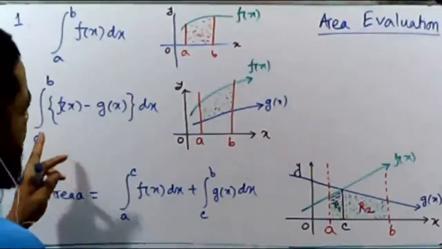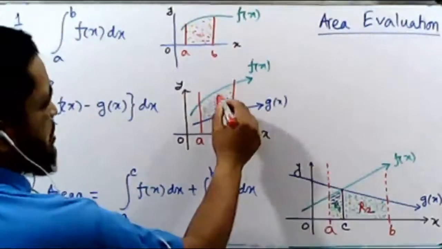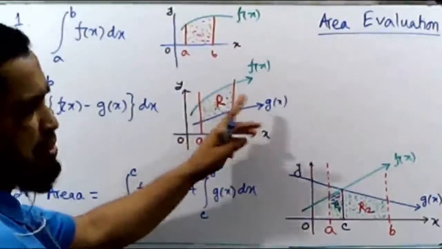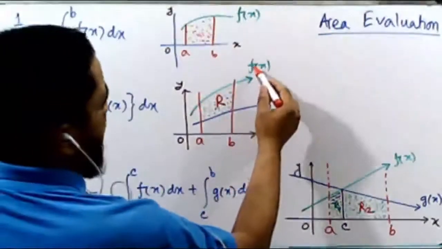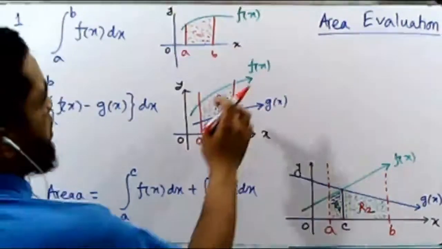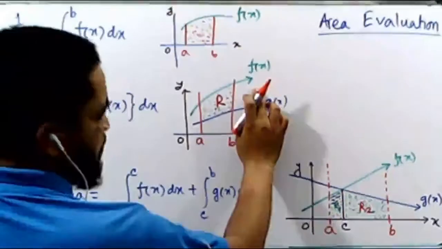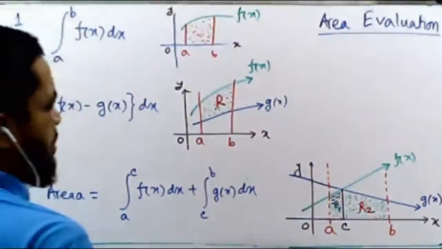Second formula, if any region, suppose this region is R, is bounded by two individual graphs. দুটি individual graph, one is say f of x, another one is say g of x, say designed by green colored graph and g of x is blue color graph.